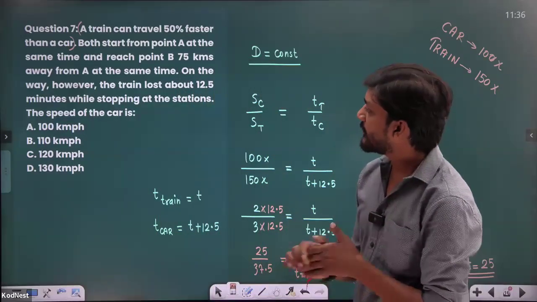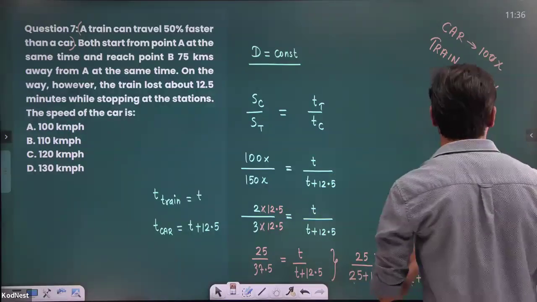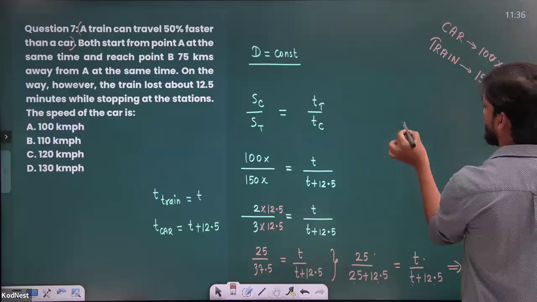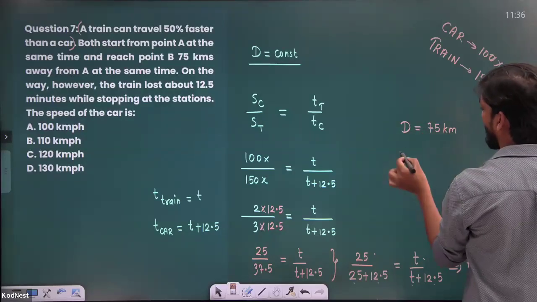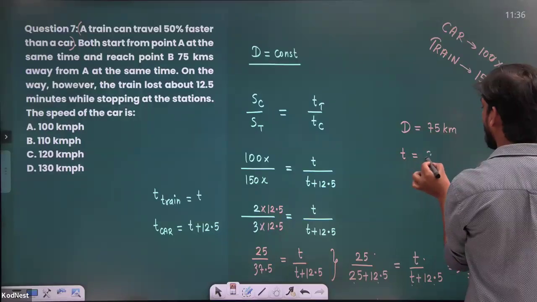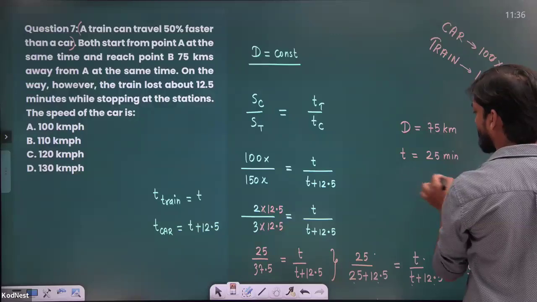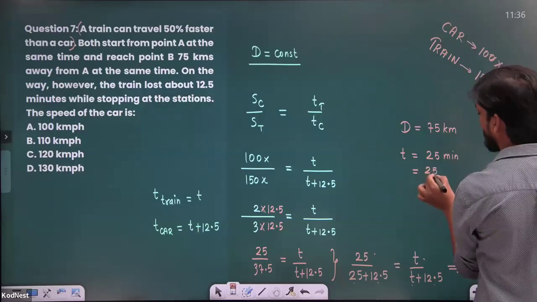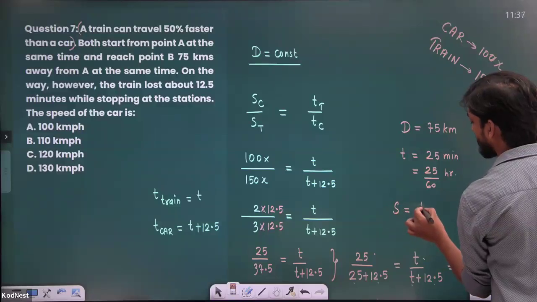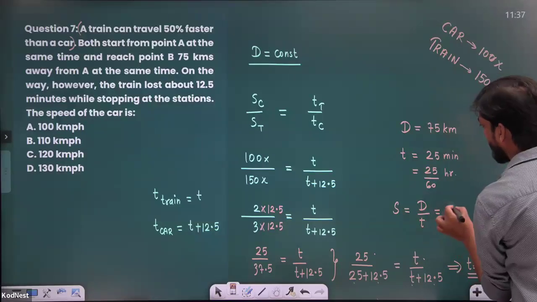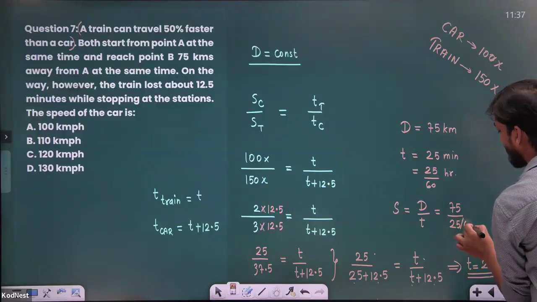All right. So speed of the car they are asking. Speed of the car. Okay. So distance 75 kilometers. Time is 25 minutes. So that means I can say 25 by 60 hours. So speed will be distance divided by time. 75 divided by 25 by 60. How much will it come out?